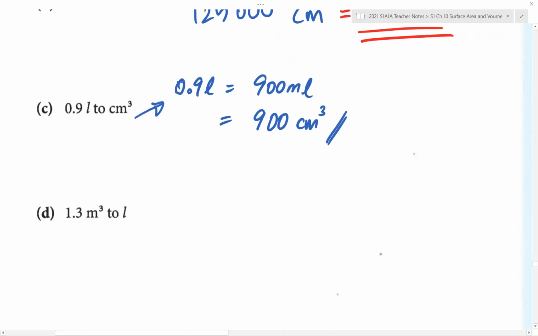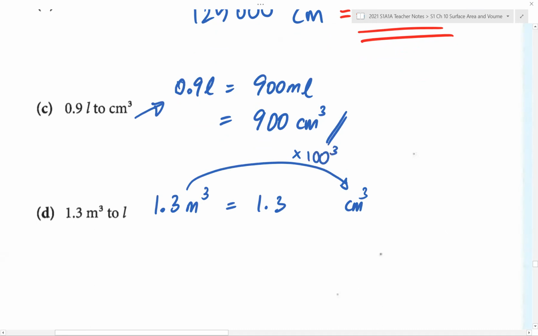Okay, part D. The shortcut is for part D. I'll show you the long way first, then the short way. 1.3 cubic meters. I want to change it to cubic centimeters. So times 100 to the power of 3. 1.3 times 100 power 3 is 1300000.